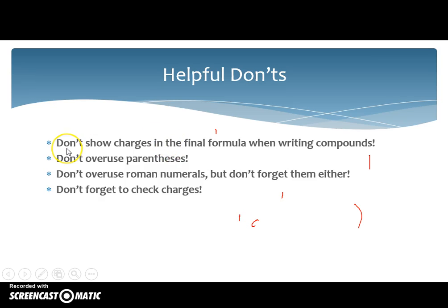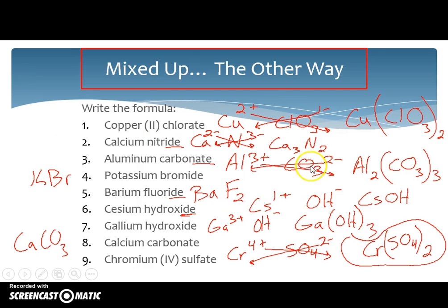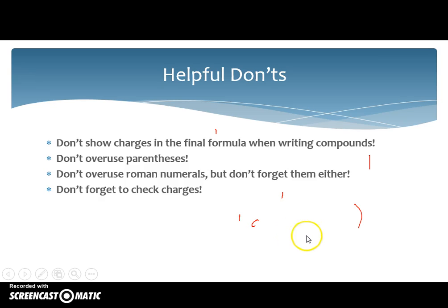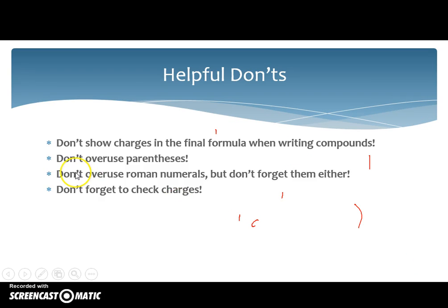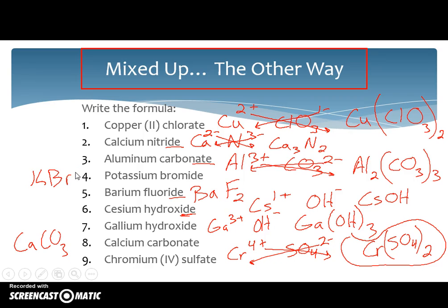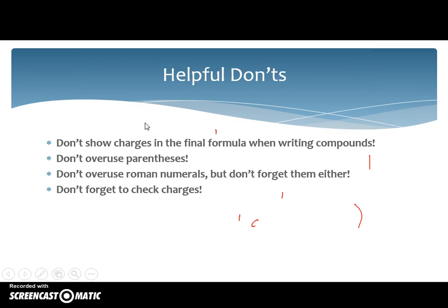All right, here are some helpful don'ts, some things to watch for. Don't show charges in the final formula. Notice my final answers, no charges anywhere. Don't overuse parentheses. Notice I didn't use parentheses here or here. I only needed it when I wanted to show multiple polyatomics. Don't overuse Roman numerals. That's for naming. Notice only a couple of them had Roman numerals because those are the only ones that have multiple charges.